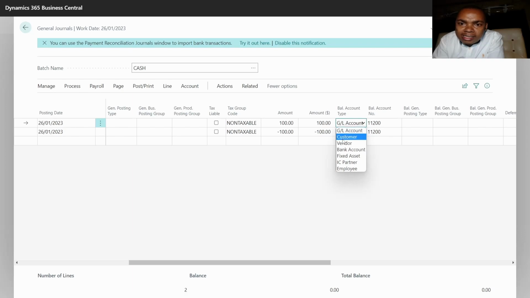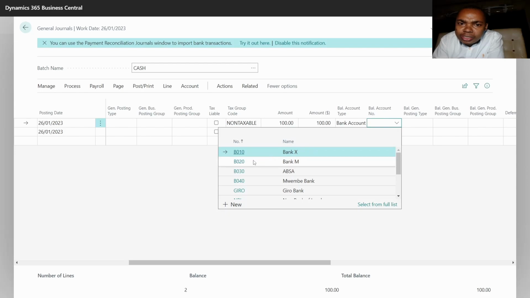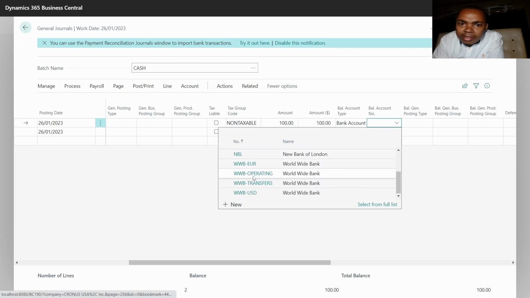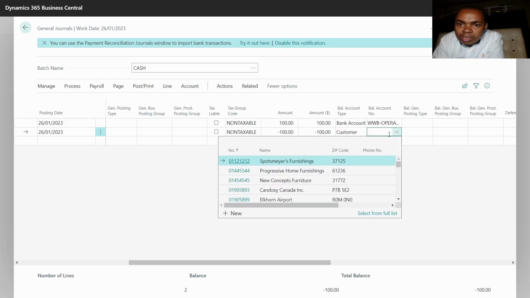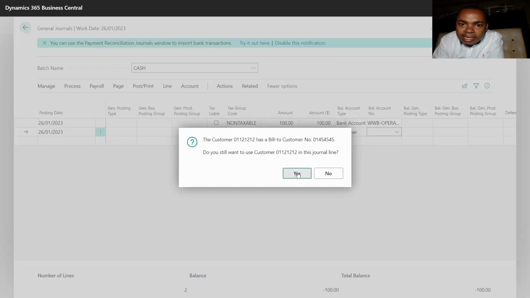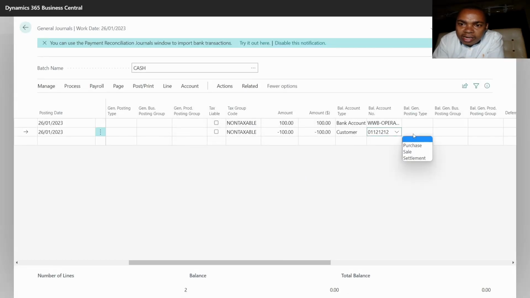I can say I'm balancing that transaction with a bank. Then I'll be able to select which bank I am balancing with. Then on the second line, the same thing. For this second line, maybe I'm balancing by use of a certain customer, so I'll be able to select that specific customer.